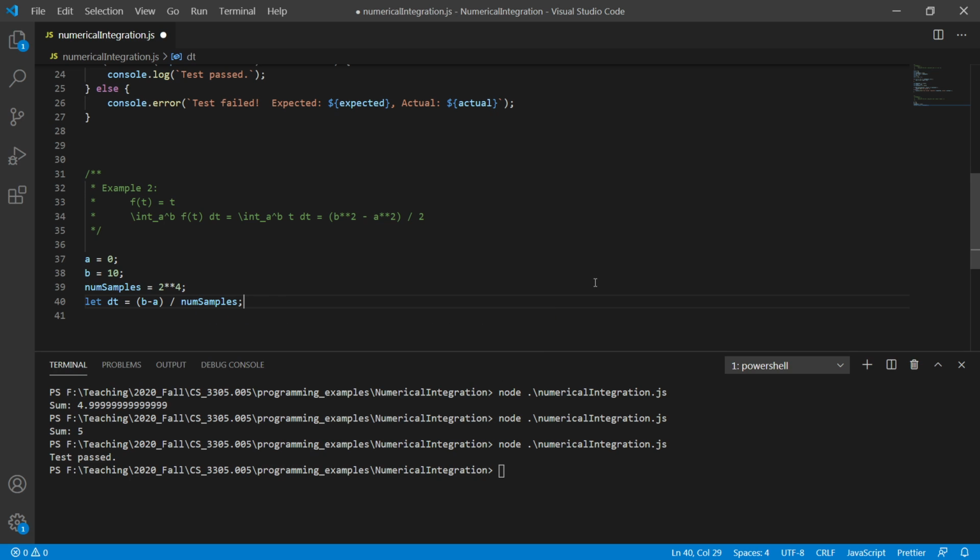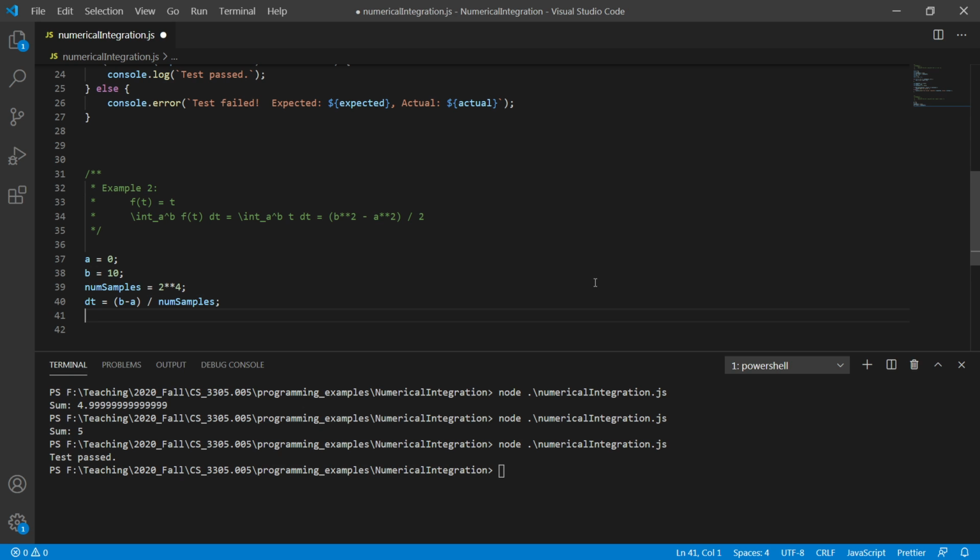And so again, our step size is the width of our range divided by the number of samples we're going to take. So we're taking this many steps, so it would make sense that our step size would be this divided by our number of steps.